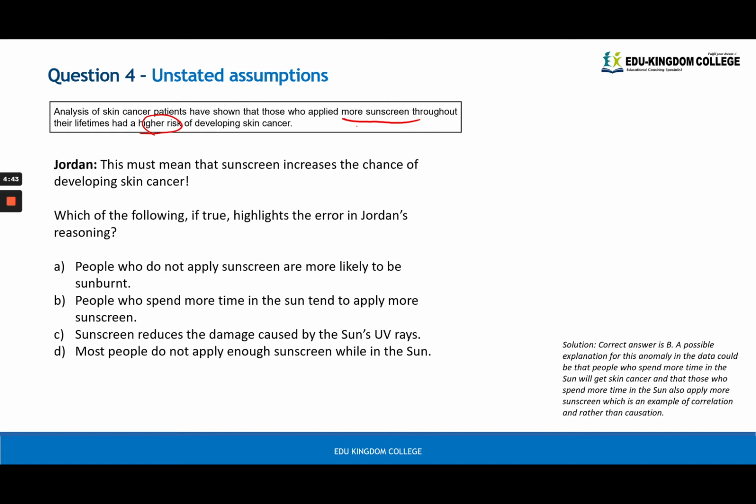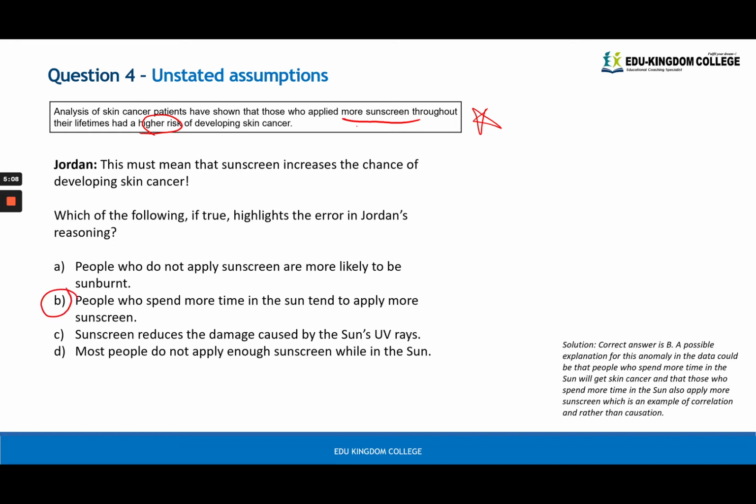There must be another explanation. Even in this analysis, just because we saw that more sunscreen application equals a higher risk, doesn't mean that the sunscreen is what caused the risk to increase. There might be another factor at play. And in fact, there is.